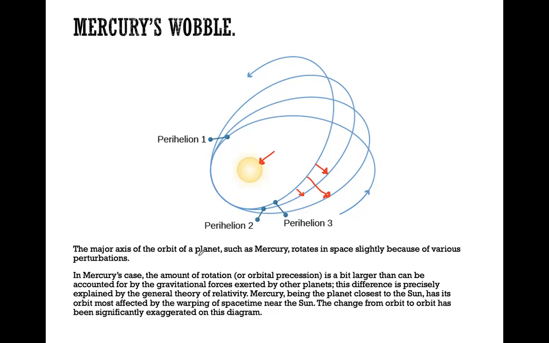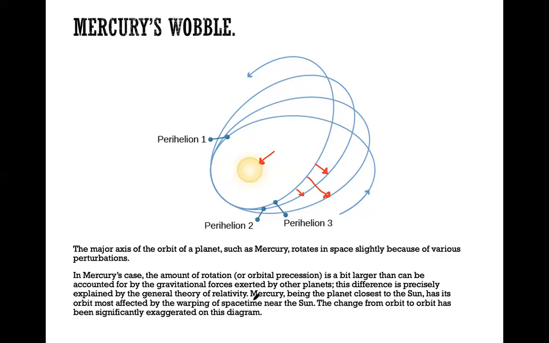The major axis of the orbit of a planet, such as Mercury, rotates in space slightly because of various perturbations. Right? In Mercury's case, the amount of rotation is a bit larger than can be accounted for by the gravitational forces exerted by other planets. So that's what I discussed. And this difference is precisely explained by the general theory of relativity.